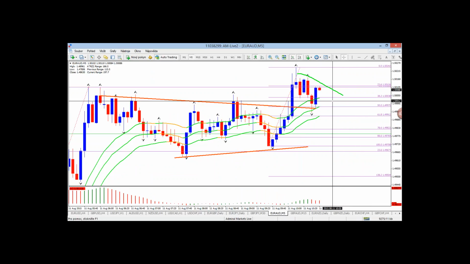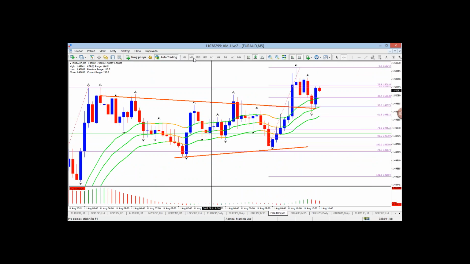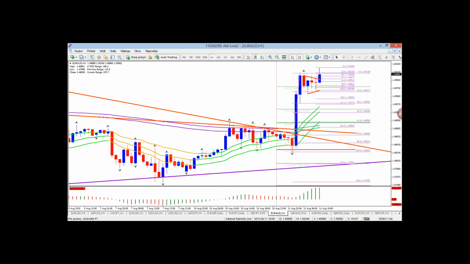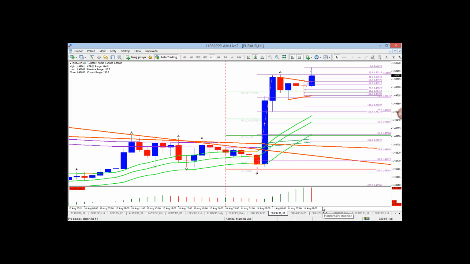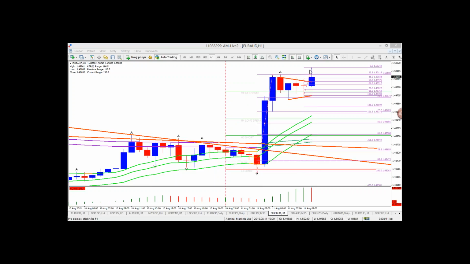Probably the best would be to see some kind of triangle here. Still looking at the 1 hour candle here, seeing if the close is near the high maybe makes the most sense.